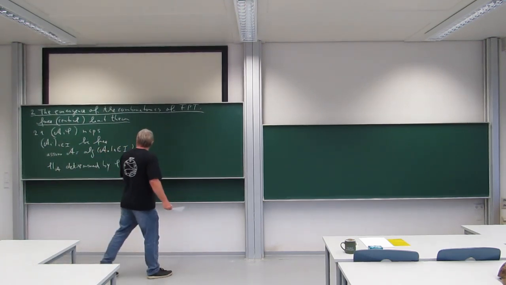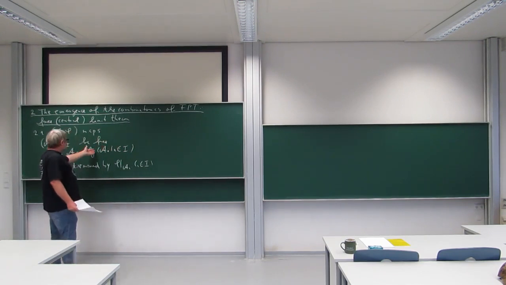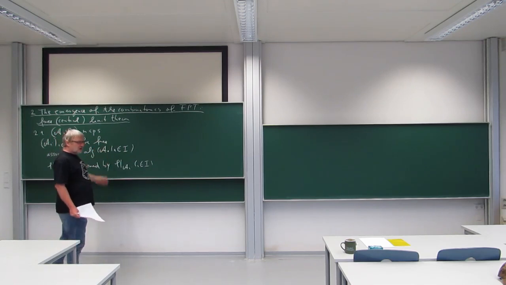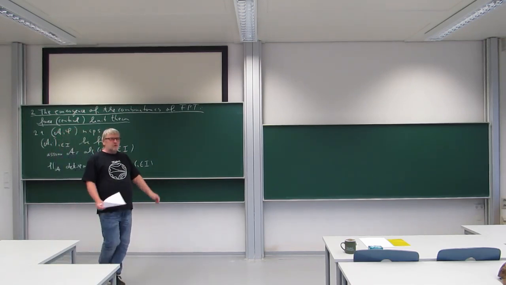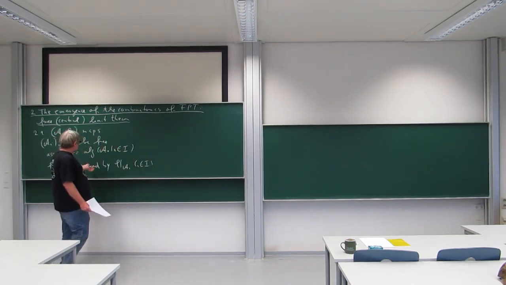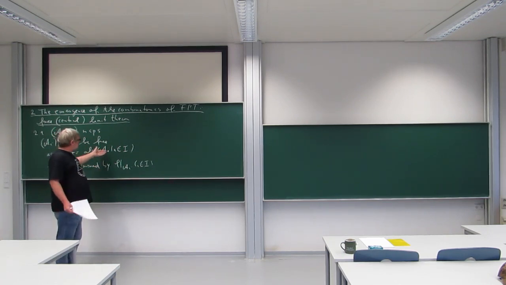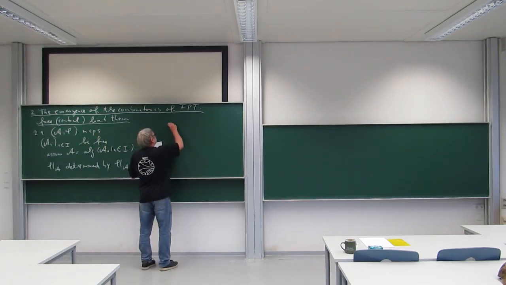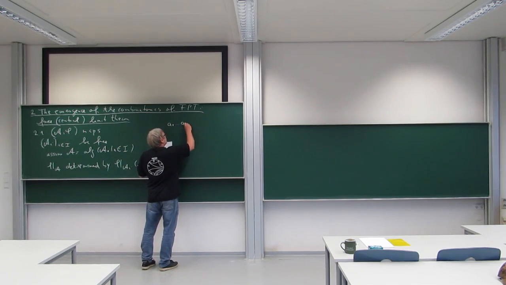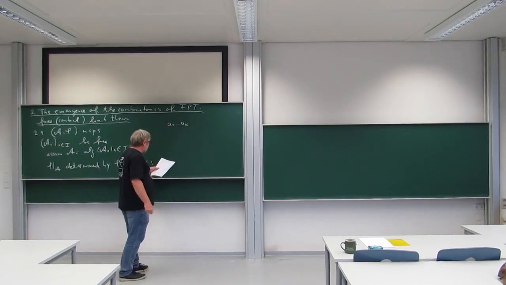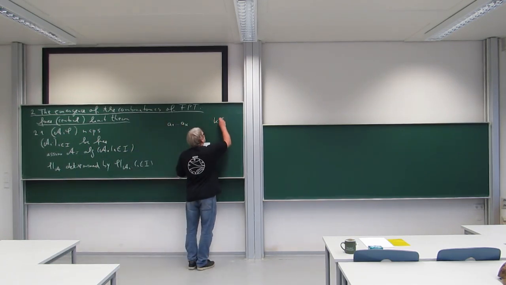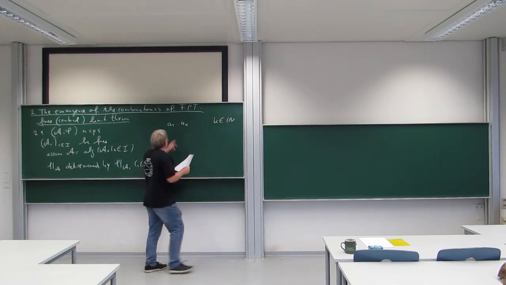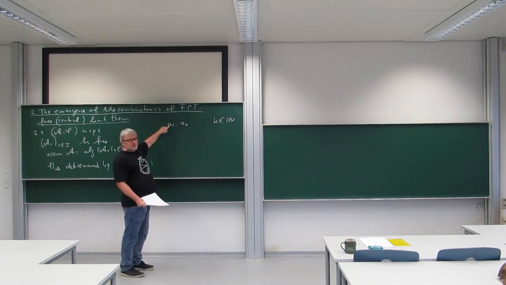So what does this mean? Elements in A are polynomials in elements coming from here. Because everything is linear, it's enough to look at monomials. So this means we are really interested in elements which are products of elements coming from the different subalgebras. So what we are interested in is a product a_1 up to a_k, where k is a natural number, and the factors here are coming from one of the subalgebras.